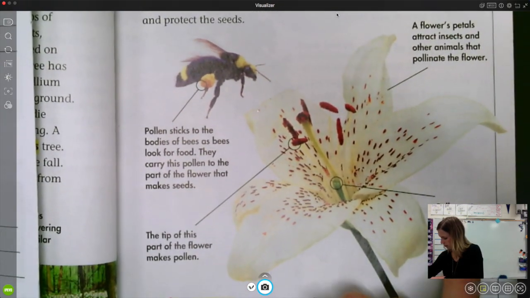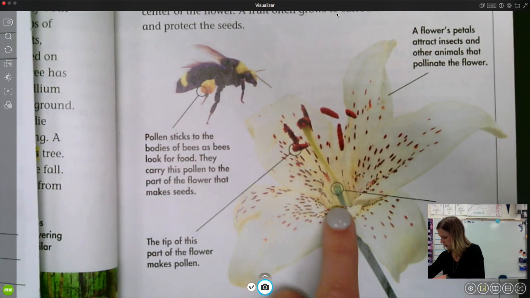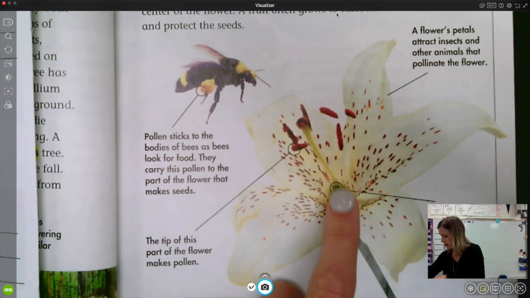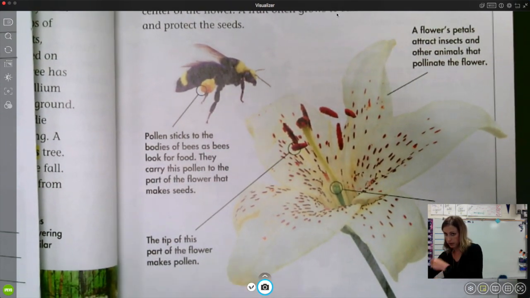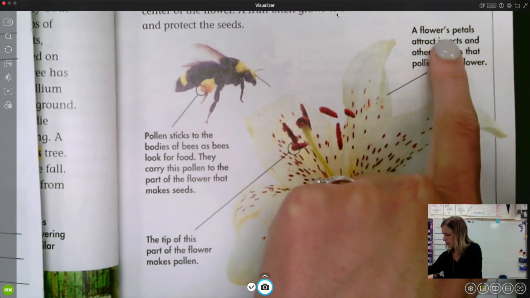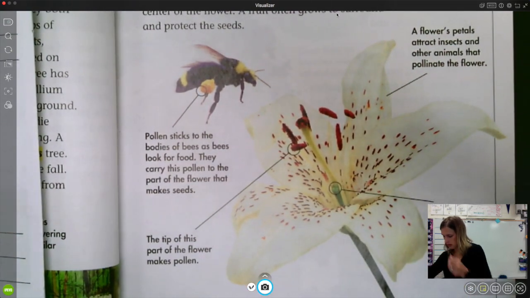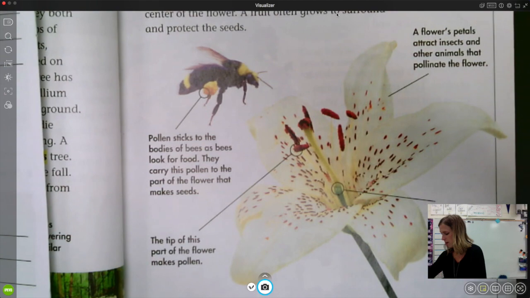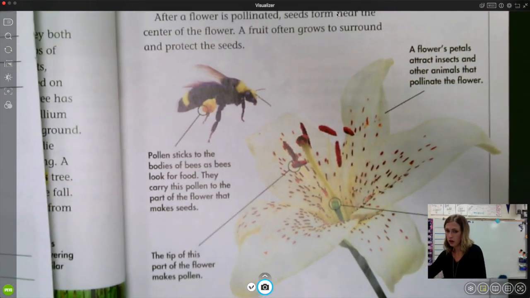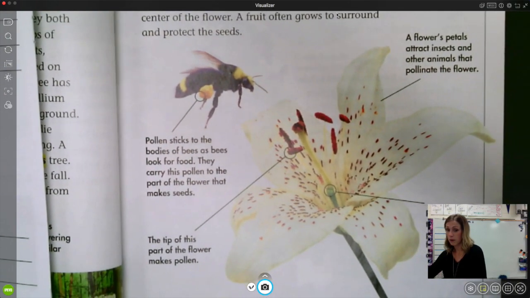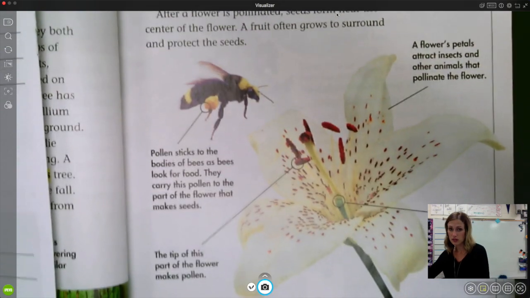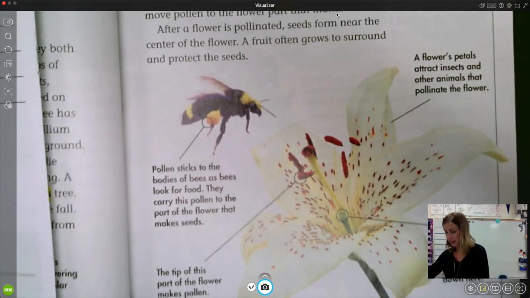Then the pollen put on the tip of this part helps the seeds form in the plant there. And then finally, a flower's petal attracts insects and other animals that pollinate the flower. So that's why our flowers are so pretty. That's what attracts the bees to them so that they get to be pollinated.